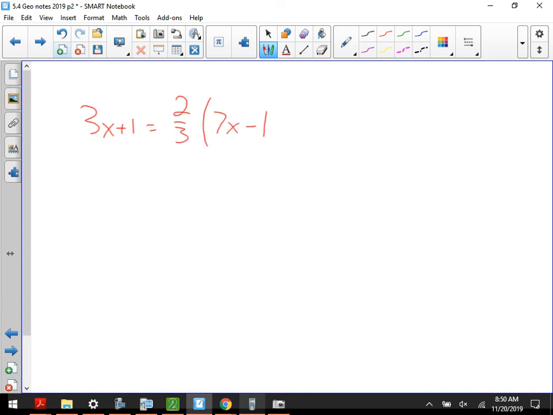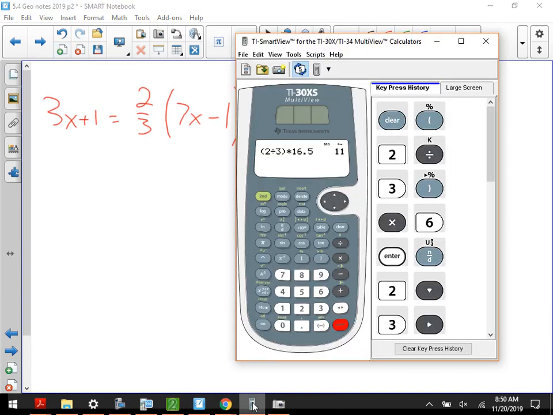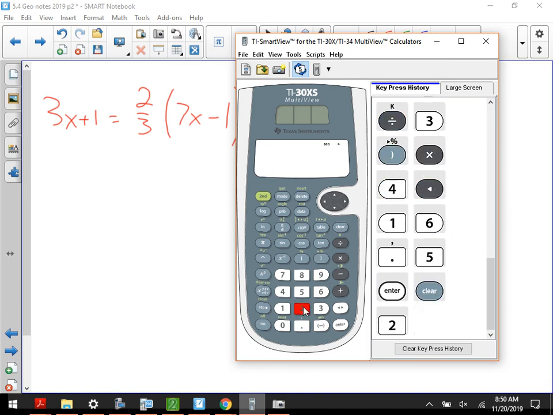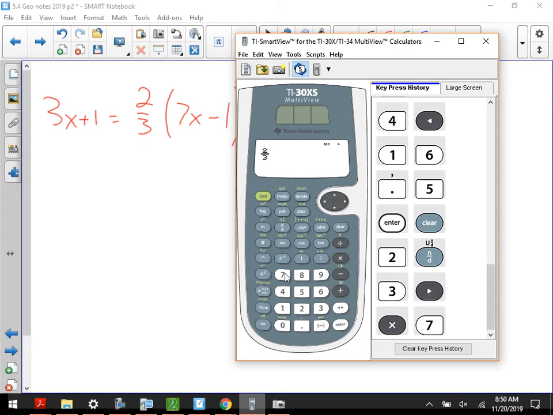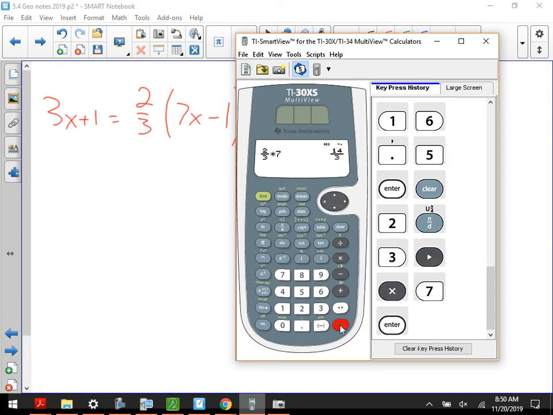Was it minus 1, guys? If you have all of this and you want to use the calculator, it does this for you. 2/3 times 7 equals 14/3. 2/3 times minus 1 is minus 2/3.